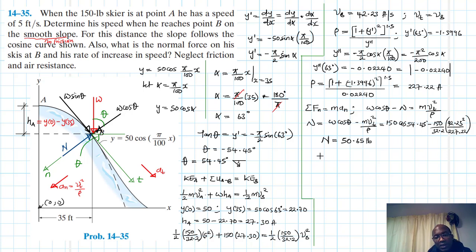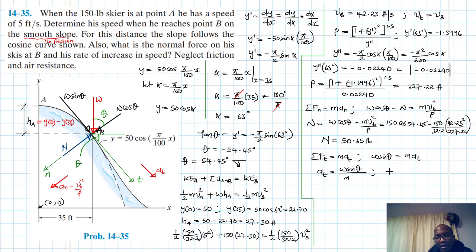Let's find the acceleration. So the summation of forces in the t-axis is just equal to m at. Then we do have W sine theta equal to m at, and our at is just equal to W sine theta divided by m.